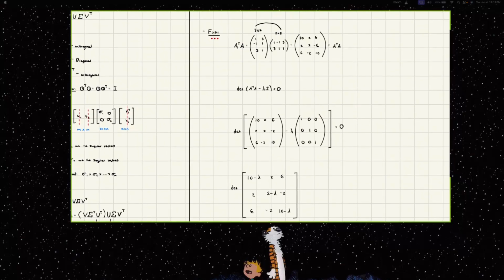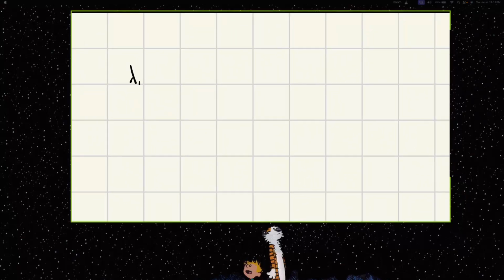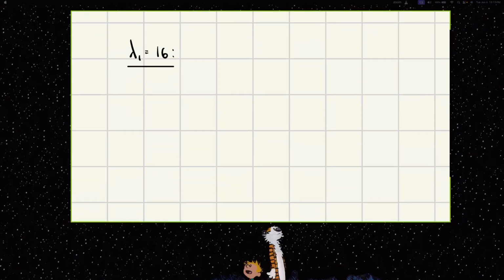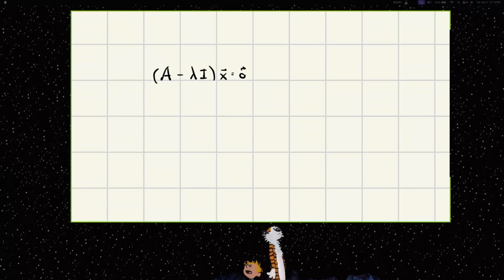Okay, I'm going to go to another page here. So now we're going to find the corresponding eigenvector for lambda 1 equals 16. So we want to just recall this idea of finding Ax equals lambda x. So we have (A minus lambda I) times x equal to the 0 vector.